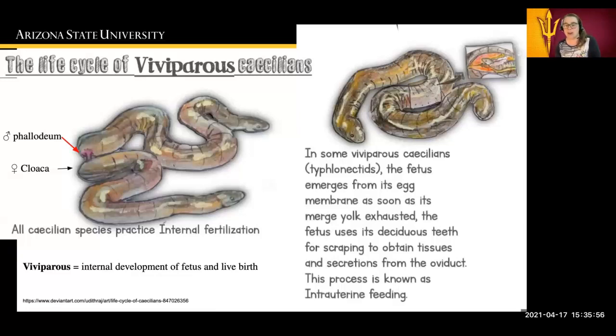In some viviparous caecilians, the fetus emerges from its egg membrane as soon as the yolk sac is exhausted. So once it no longer has any food or the materials that it needs to continue developing. And then it uses its tiny baby teeth in order to scrape the tissue from the oviduct. And it's called intrauterine feeding.